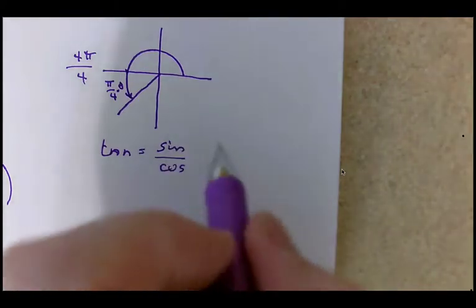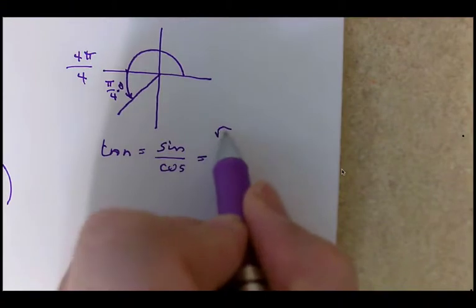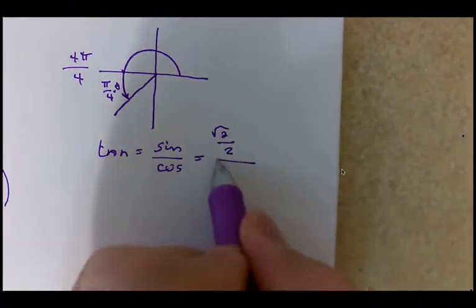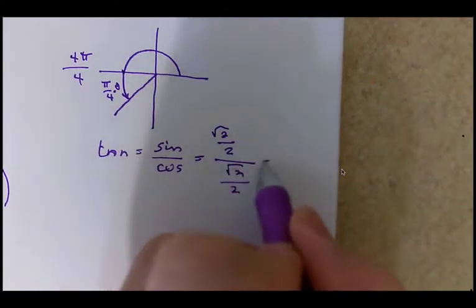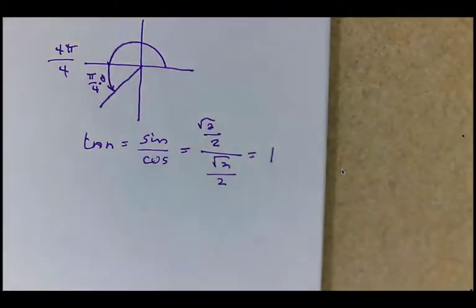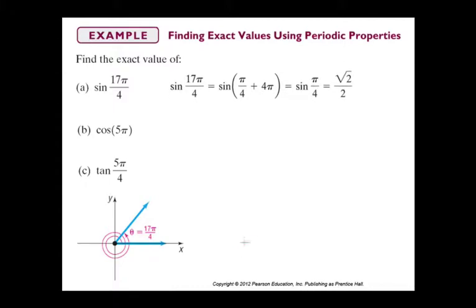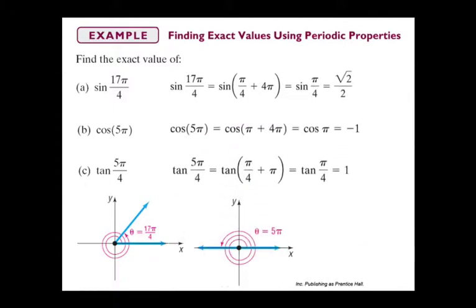In this case, for a 45 degree angle, it is the square root of 2 over 2 over the square root of 2 over 2, which is equal to 1. Let's take a look and see how well we did. Not too shabby.